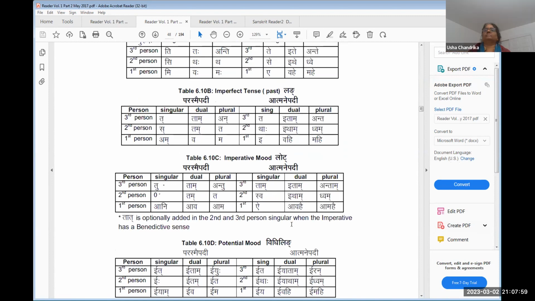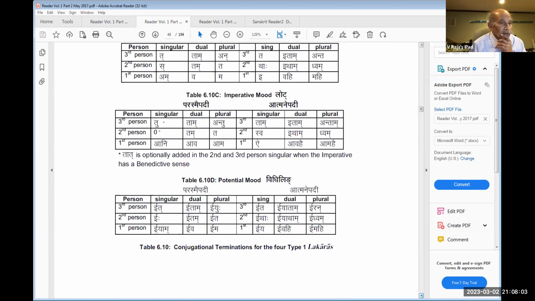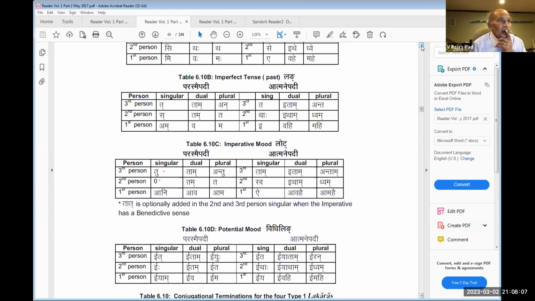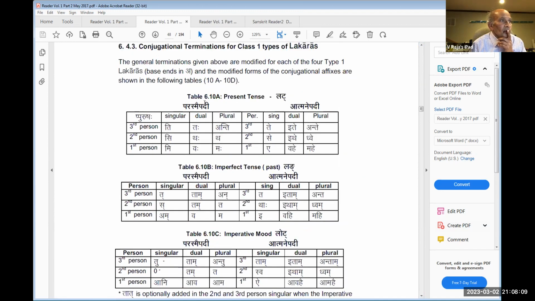On page 234, you see these verbal endings depending upon third person, second person, first person, singular, dual, and plural, either parasmaipadi or atmanepadi. You have to get used to these very quickly.